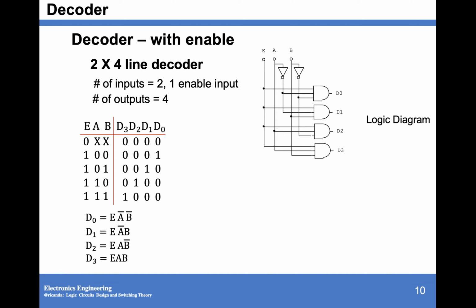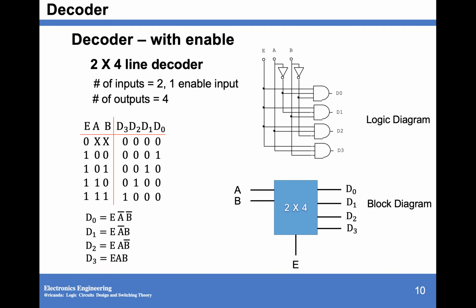So this is your circuit, and this is your logic diagram. So in your decoder with enable in a block diagram, we have your enable on your lower side and your input on the left side, and the right side will be your output.